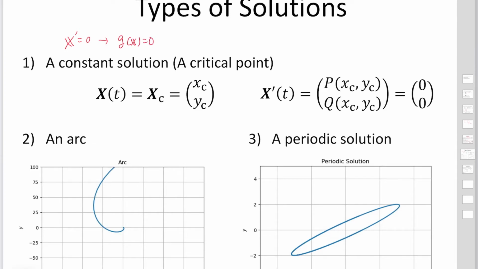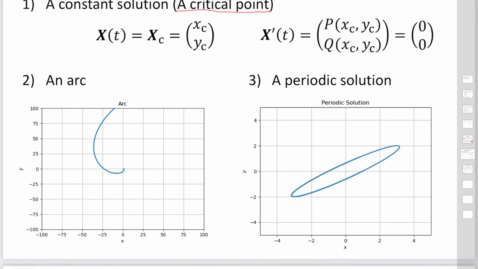From this derivative, you can find that X is a constant, with components x sub c, y sub c. We call the constant solution a critical point. To find the critical point, you can solve g(X) equals 0.